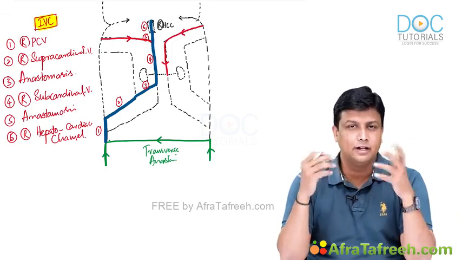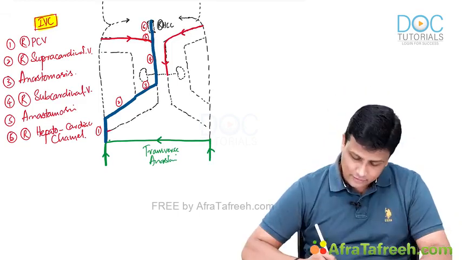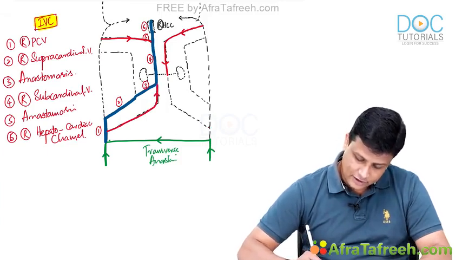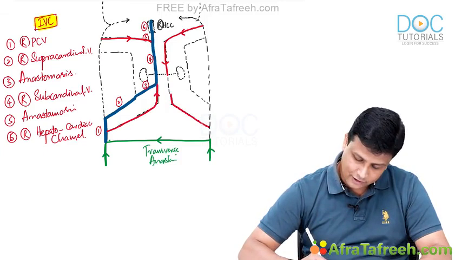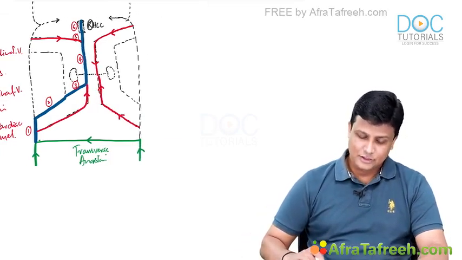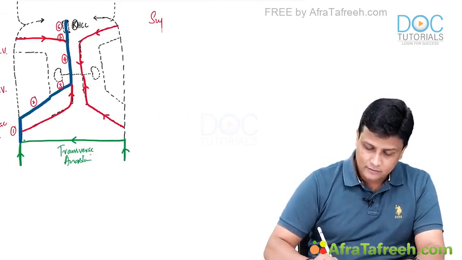And if it is above, definitely it has to develop into what only? Suprarenal vein. This is the caudal part, and caudal part, definitely it has to form the gonadal vein here, guys. Okay, so therefore let us just write it and finish it off. Suprarenal vein.